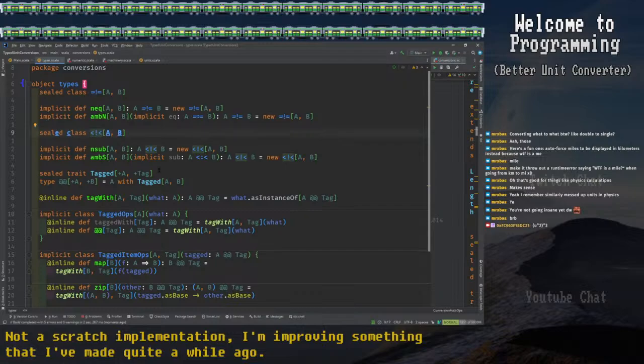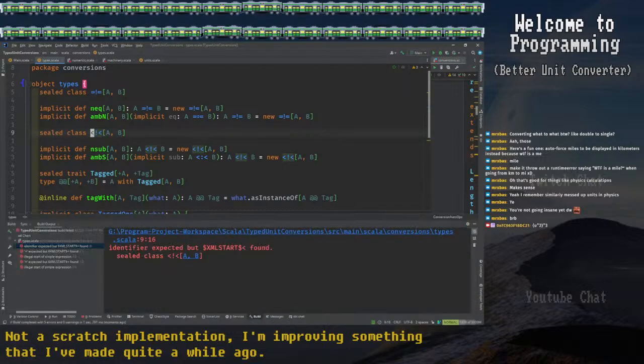What the hell is XML start? Wait, what? Hang on. That doesn't look right. Identifier expected, but XML start found. That doesn't seem right. Oh, crap.